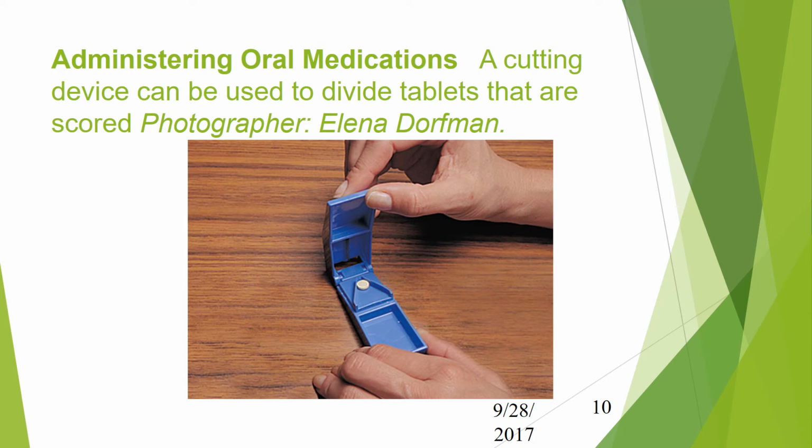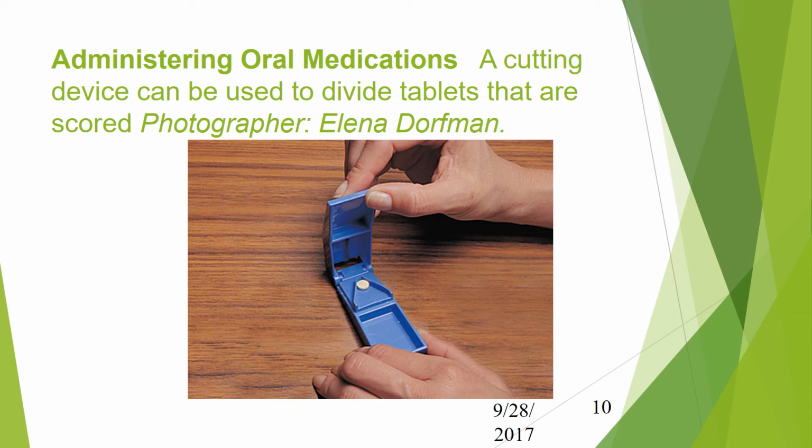If your tablet is scored, that's the only type of pill you're supposed to cut. Now, I won't say that's the only type you will cut, but for testing purposes, you're only to cut a pill that is scored, because then that's the only way you know that you're cutting it in half.